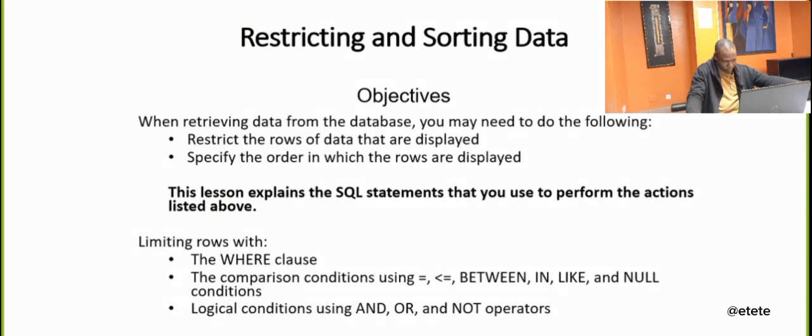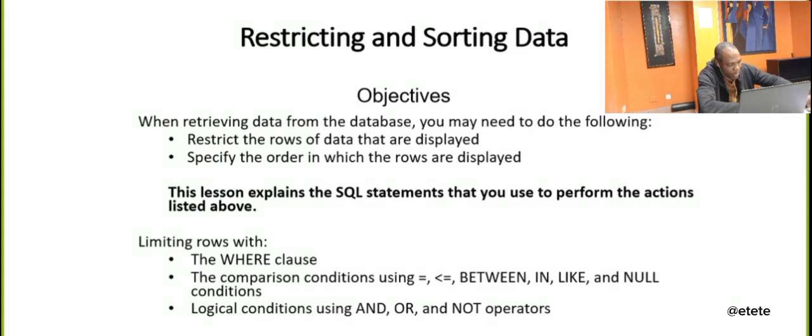What we'll be doing before is selecting columns. In one of my lectures, I told you about the capabilities of the select statement. I told you that one is projection, another one is selection, and the third one is joining, right?